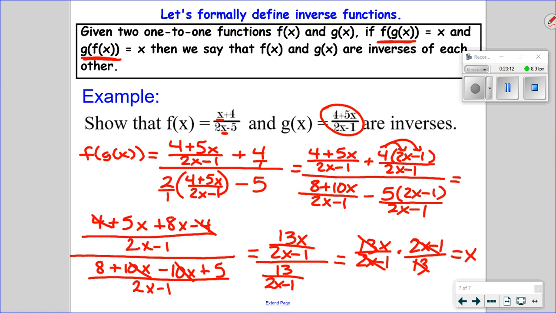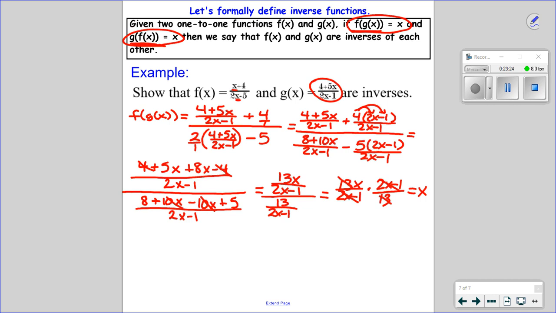All right, you guys, now we just got to go the other way. We verified that f of g of x equals x, so now we just got to verify that g of f of x equals x. I'm going to put that in a different color. G of f of x. Now I'm going to flip that around.